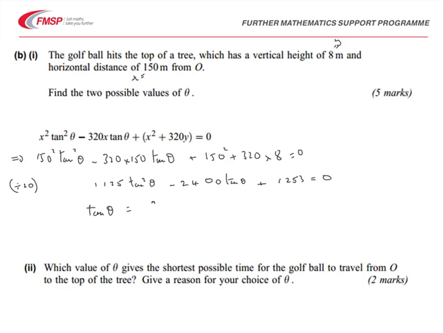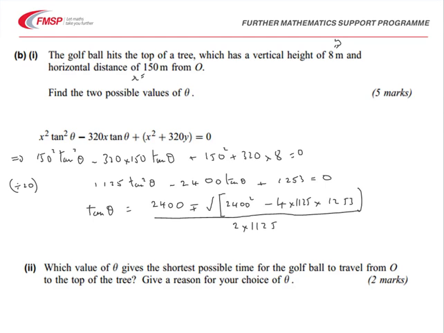is equal to minus b, which is 2400, plus or minus square root of b squared, so the 2400 squared minus 4ac, 4 multiplied by 1125 multiplied by 1253, all divided by 2a, so 2 multiplied by 1125.